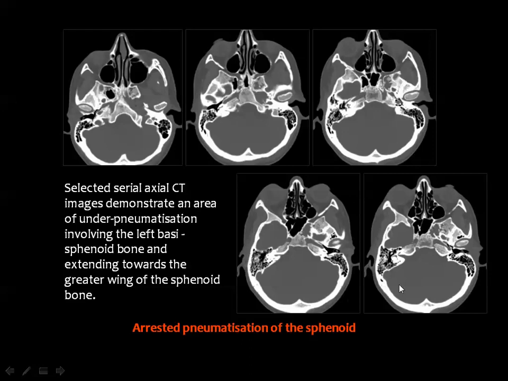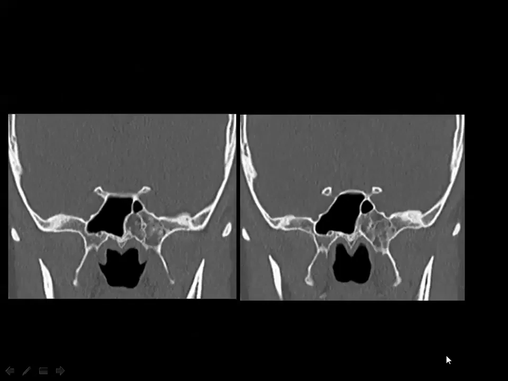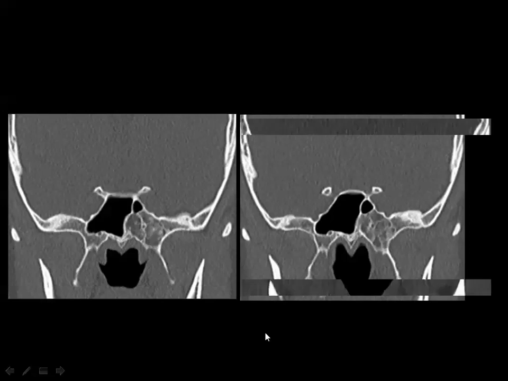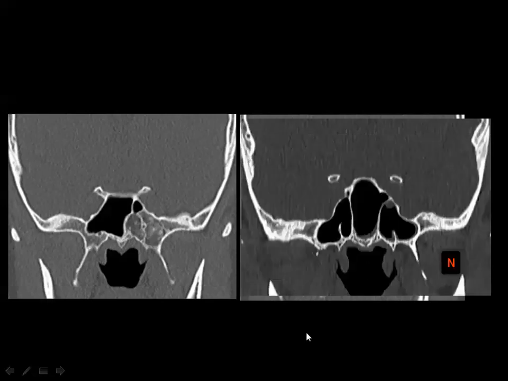There is an area of loss of pneumatization compared to the right one. Another example showing arrested pneumatization on the left side of the sphenoid sinus, with only this part pneumatized. This is the normal appearance by CT.